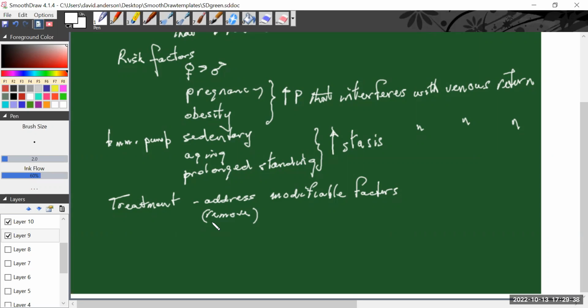Some of the varicose veins can be removed, but when you remove varicose veins, you have to be aware of the fact that you're removing some of the capacity for venous return. If there are just a few of those superficial veins and those veins are already incompetent, then it probably doesn't have a big impact on venous return, but it is a consideration.